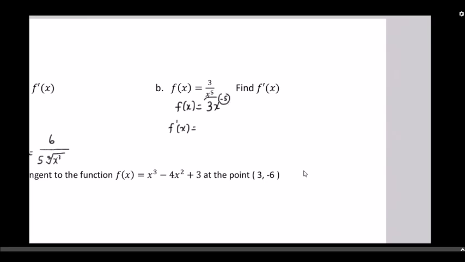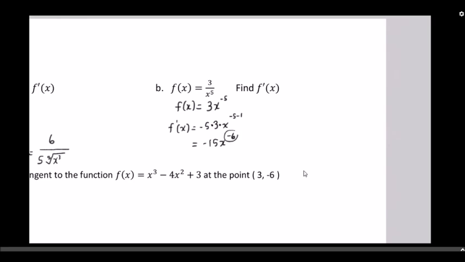this negative 5 exponent is going to move in front of the function to multiply the coefficient. So negative 5 times 3 times x. And then the exponent negative 5 is going to decrease by 1. So we get negative 15x to the negative 6.